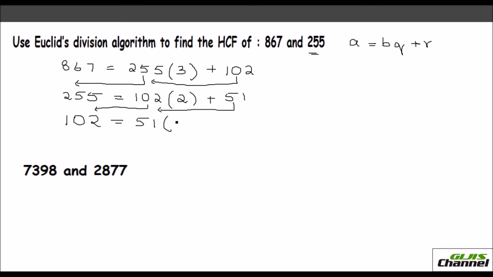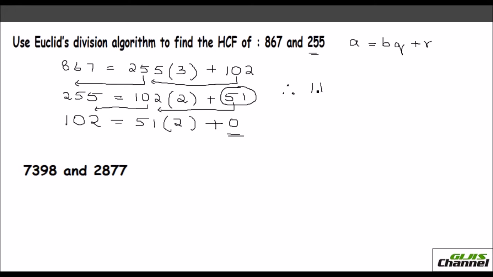I take it as 2, and you don't have a remainder here because 51 times 2 is 102, so your remainder is 0. Now your problem is over. You stop here. When you get 0, you stop, and the previous remainder would be your HCF. This remainder here would be your HCF. So therefore the HCF is 51 for these two numbers.